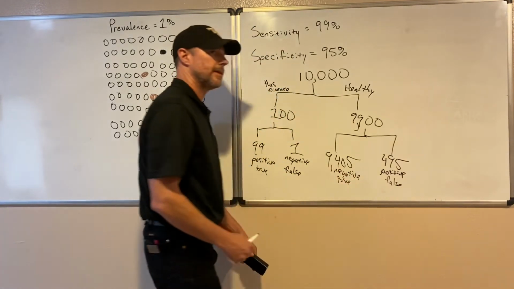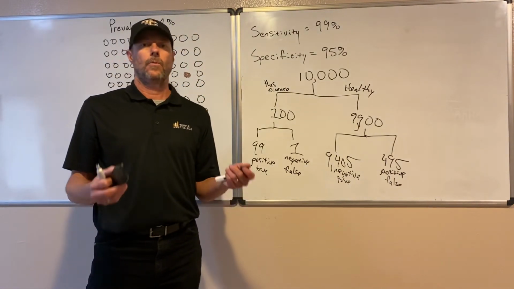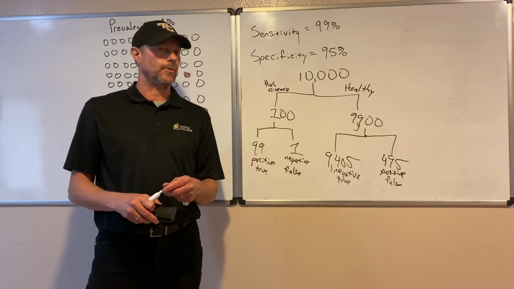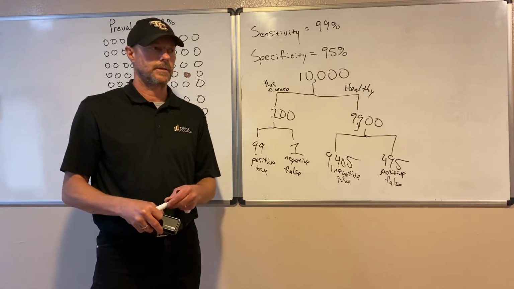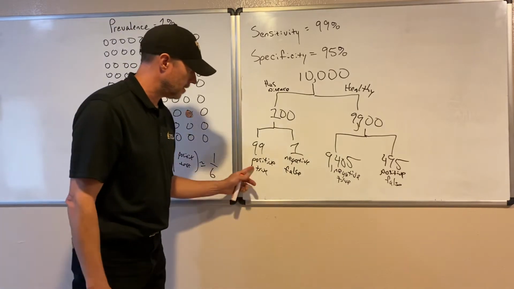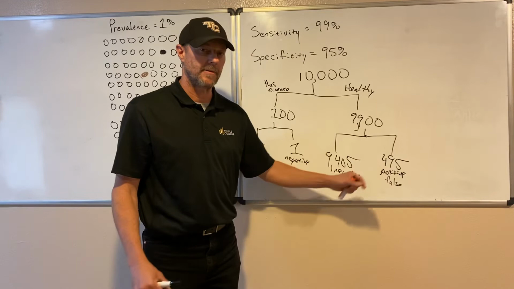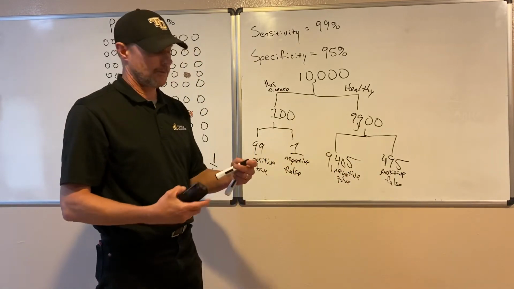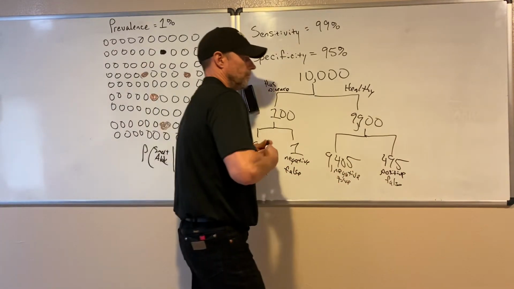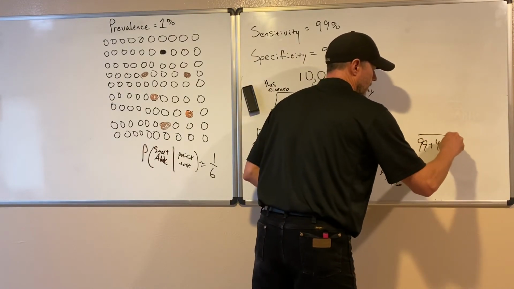Now our question is, I have a positive result. What is the chance I'm going to be a smart aleck? Well, how many positive results are there? There's 99 here, and there's 495 here, so you put that on the bottom. So on the bottom I have 99 plus 495.